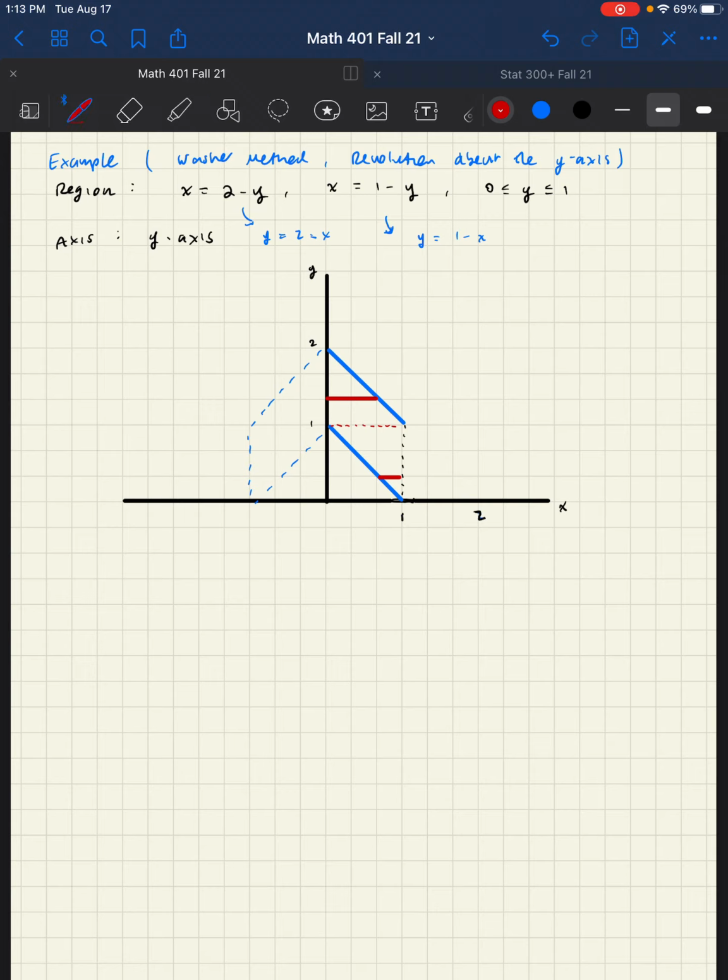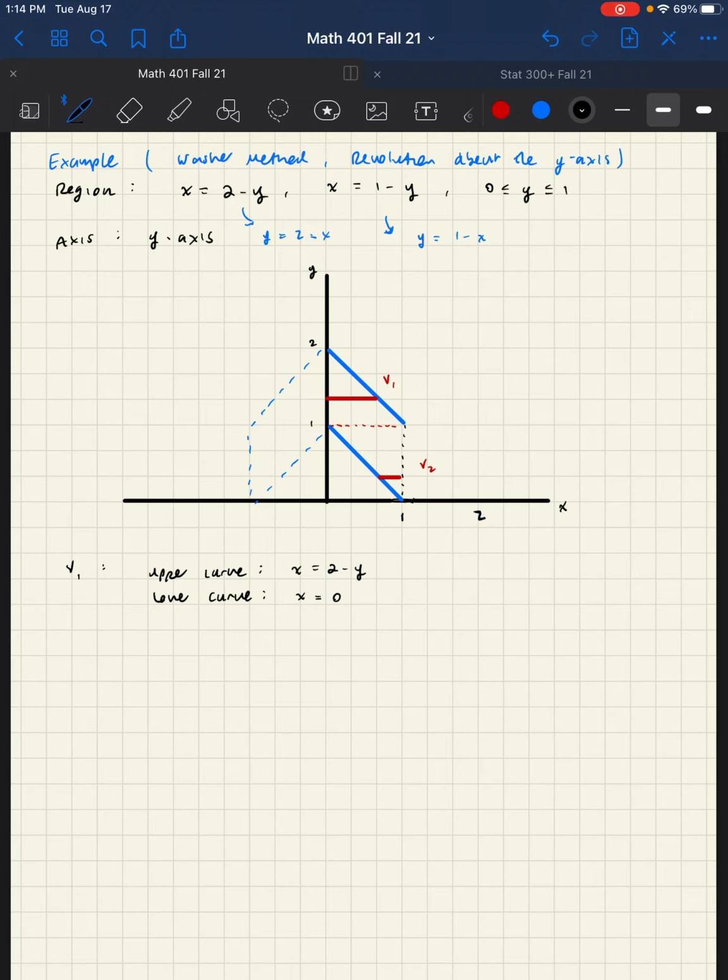So let's call this volume calculation 1, so V1 and V2. For volume calculation 1, the upper curve is that line that we talked about, x equals 2 minus y, and the lower curve is actually the y-axis, so x equals 0.